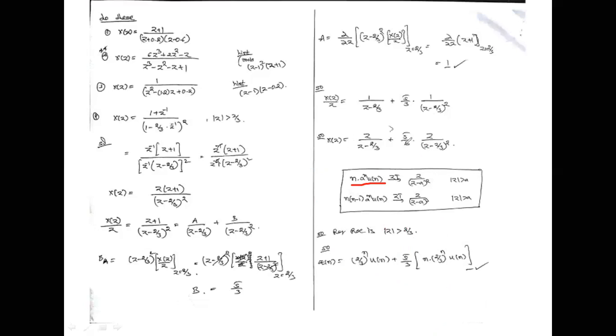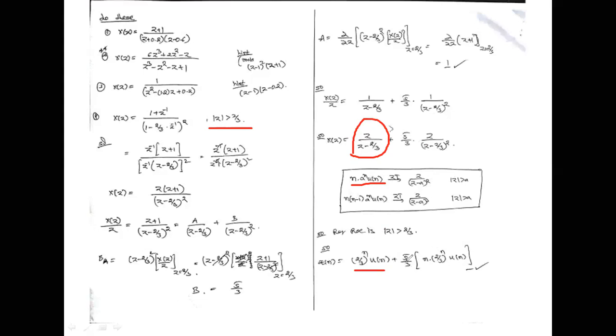Got it? So taking the inverse transformation, x of n for this function is a power n mu of n, because we are taking z greater than the value; irrespective of the value, if it is greater than, you can take only a power n mu of n. What is a here? 2 by 3 whole power n mu of n.